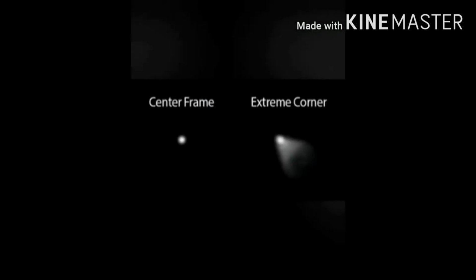Coma is an aberration which causes rays from an off-axis point of light in the object plane to create a trailing, comet-like direction away from the optic axis.